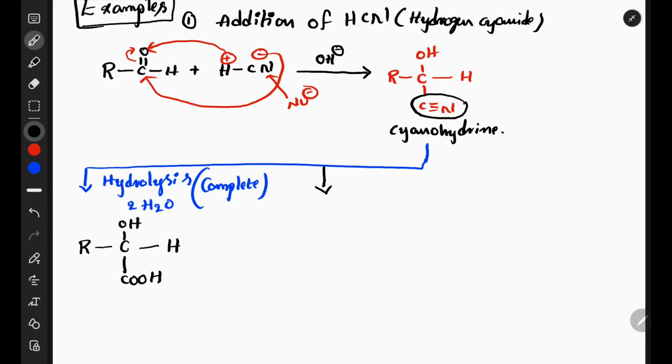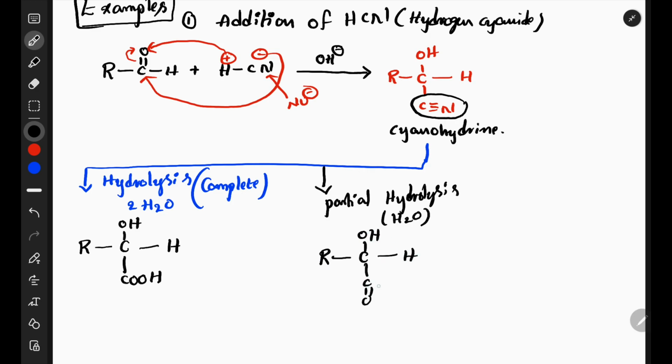When this undergoes partial hydrolysis, meaning only one water molecule is added, then the C triple bond N in this cyanohydrin is converted into an amide, or C double bond O NH2.